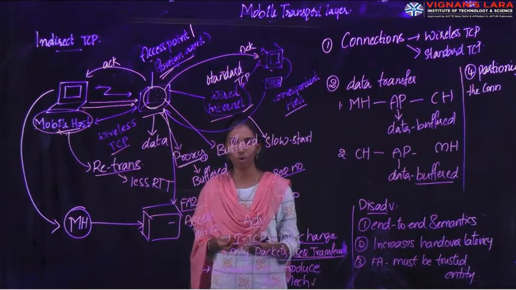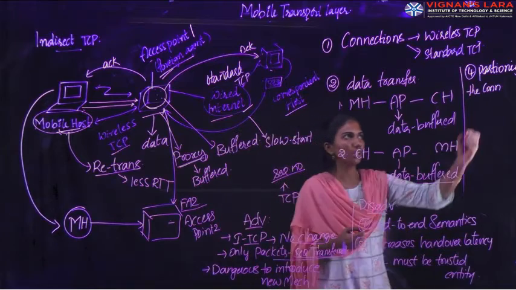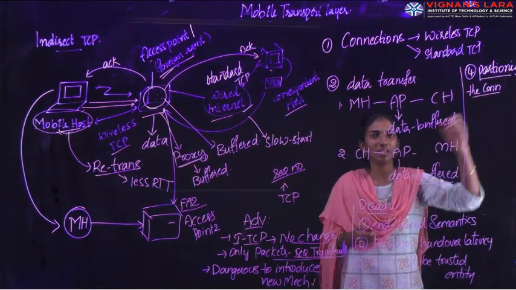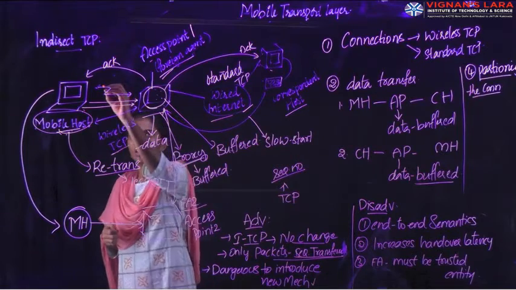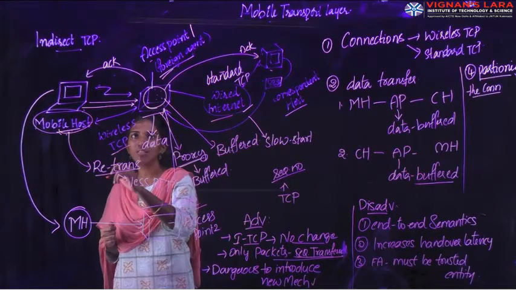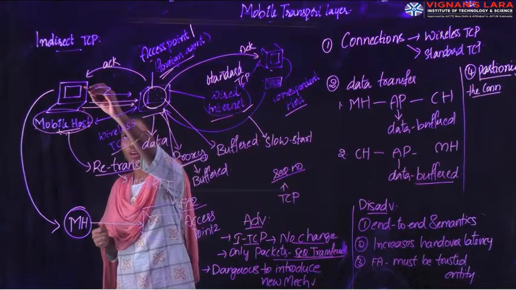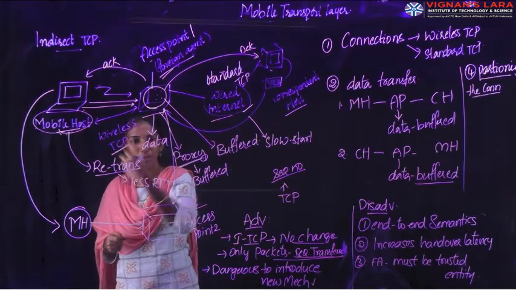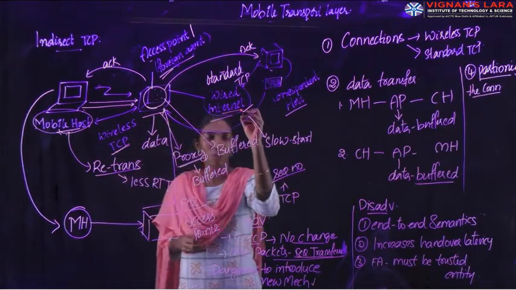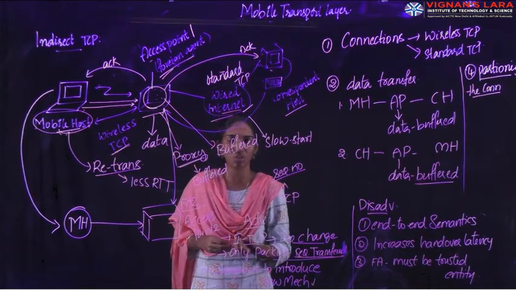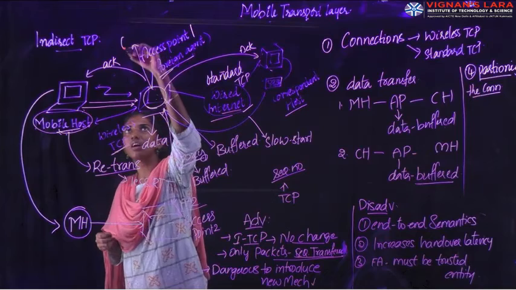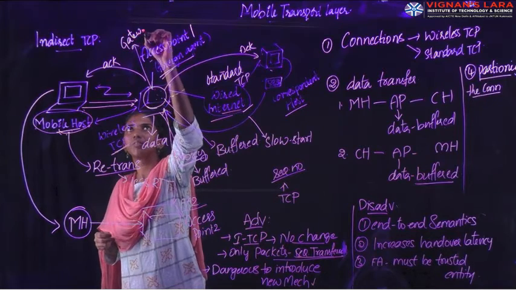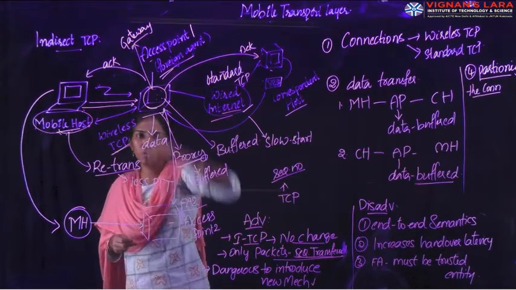And the fourth one is that the partition of the connection takes place. Why is this an advantage? Because if this is a wireless TCP, it will be using different protocols, and if this is a wired TCP, it is going to use different protocols. So this foreign agent is going to act as a gateway. What is the responsibility of a gateway?